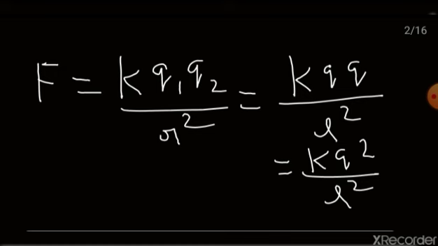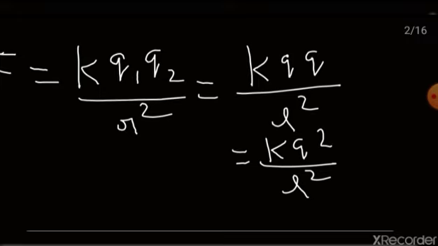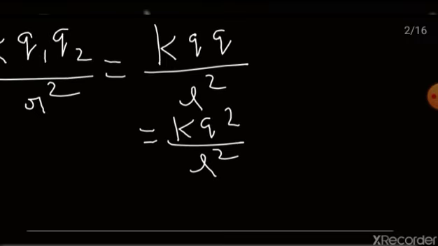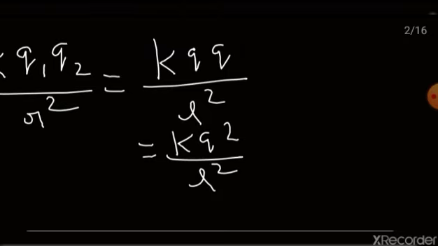Putting q into q, and r as L, we get F equals k q square by L square. This is the magnitude of the force acting between any two of them.